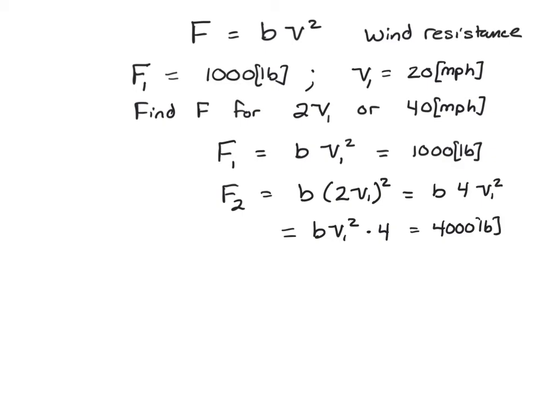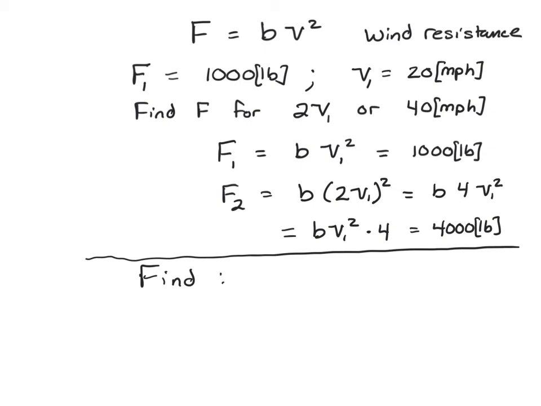So you could say I never really needed to get the B. Since I knew it was varying directly as the square, all I needed to do was plug in how many more times my new speed is versus my old speed, and I could bypass that B. I could always go the other way and just find B.